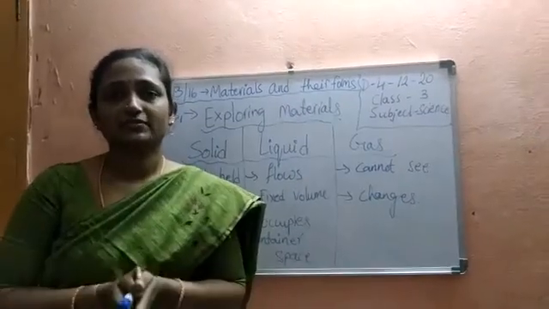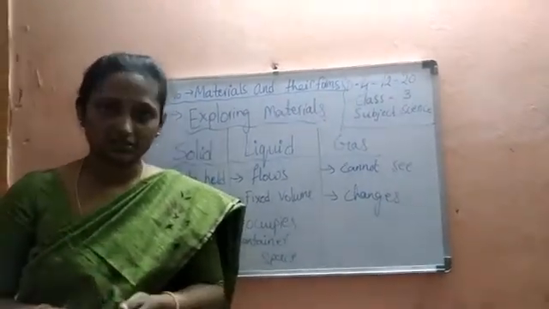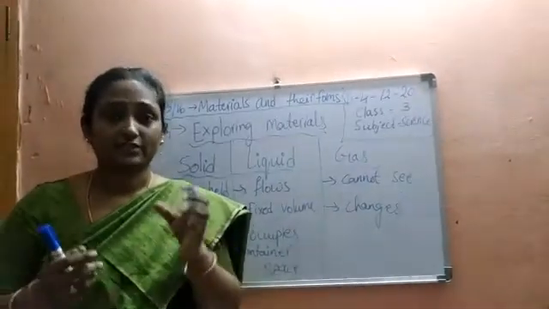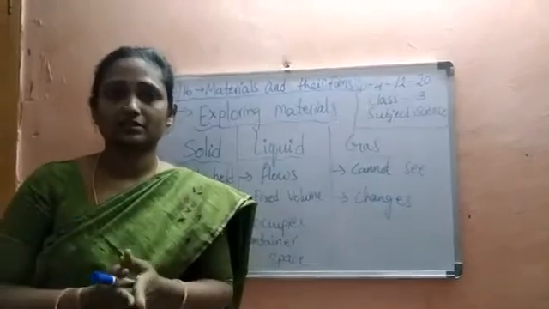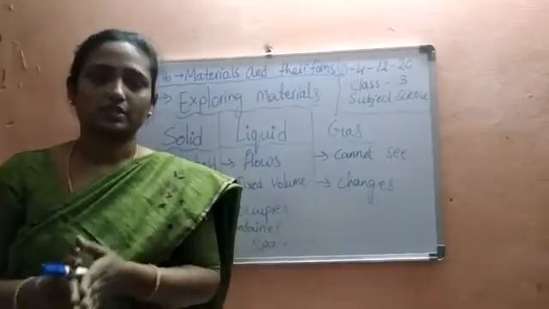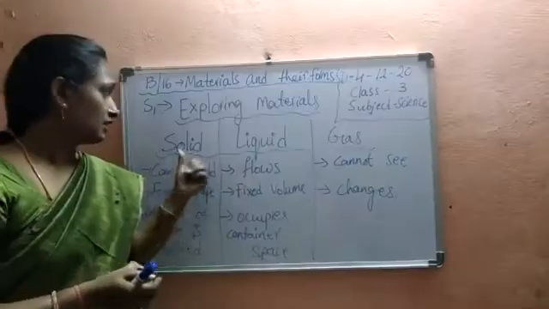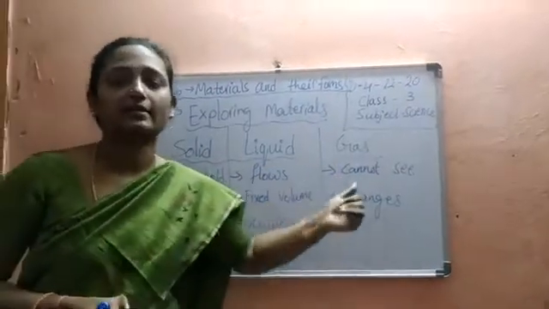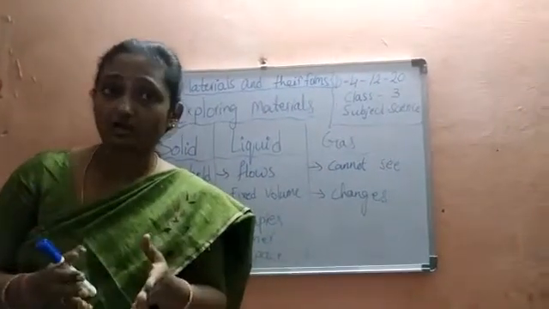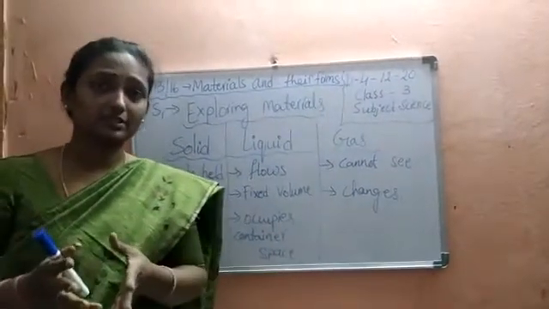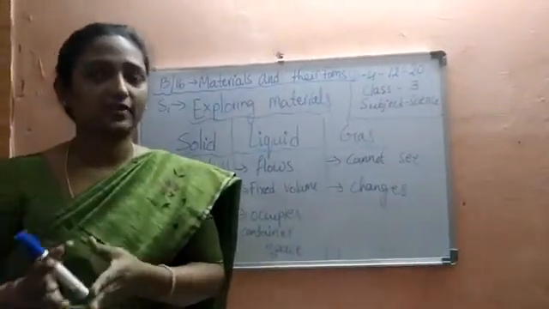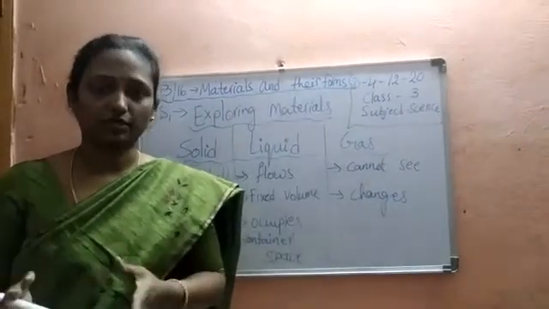So the things which are hard, which have a fixed shape, which can be seen with the naked eye, let us classify the things into three forms. So what are these forms? Solids, liquids and gases. According to the properties they show, we are going to classify the materials into three forms.